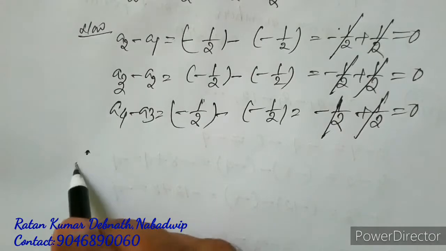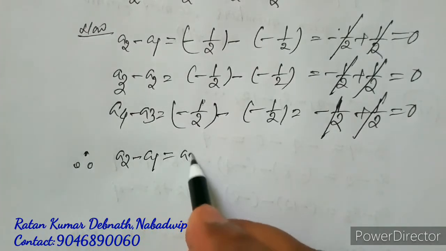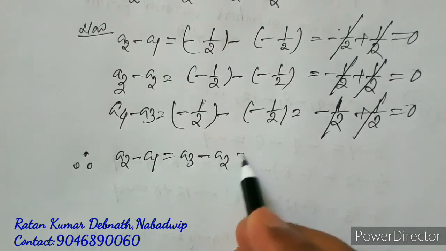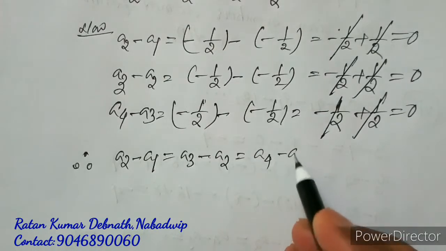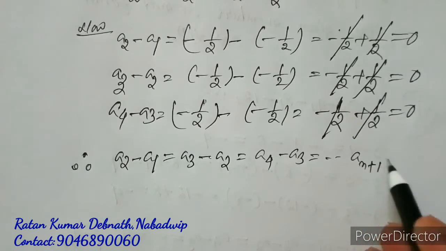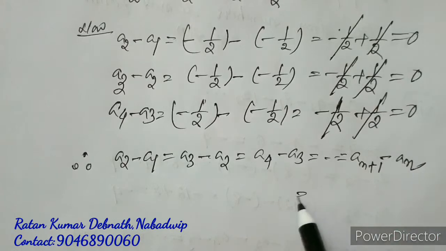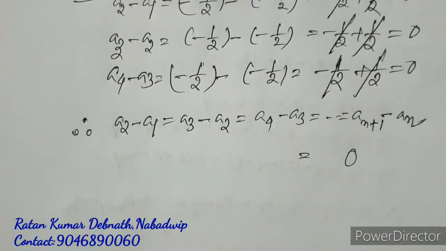Therefore a2 minus a1 equal to a3 minus a2 equal to a4 minus a3 equal to an plus 1 minus an equal to 0.